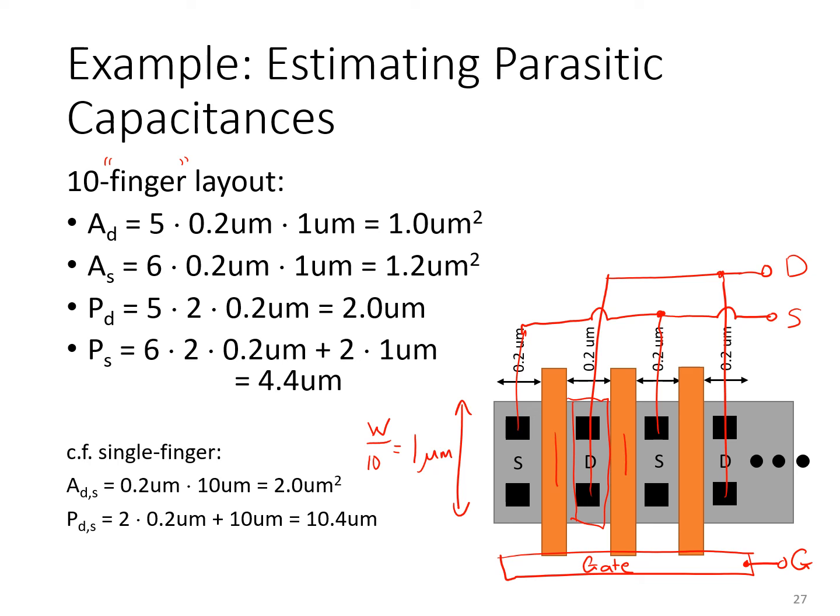Having said that, some SPICE simulators do have the facility to make sensible estimates as to what the drain and source perimeters and areas are, and to calculate parasitic capacitances accordingly. But you can't expect them to read your mind. So there's often value in just taking this into account.